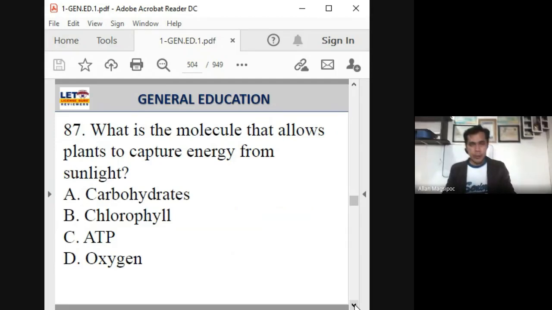What is the molecule that allows plants to capture energy from sunlight? Molecule. Nakita mo photosynthesis, wala. Which molecule allows plants to capture energy from sunlight? Actually, obvious naman ang answer.